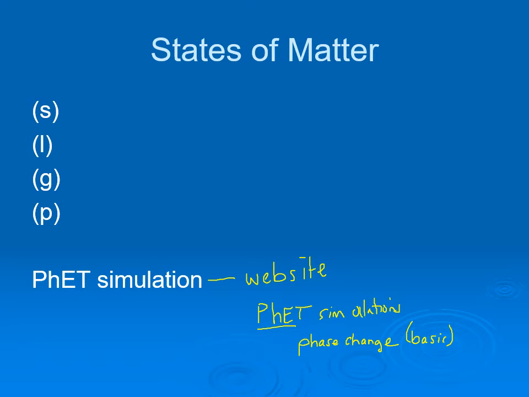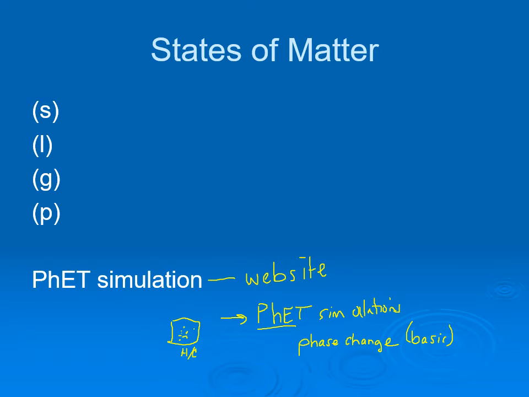I was not able to load it and get it to function within a video like this, so if you want to see it, I would direct you to that, and you would simply toggle. You have a selector switch, you have a can that has particles in it, and they're moving around slowly, fast, or some intermediate speed, and you can either add heat or cool it down.